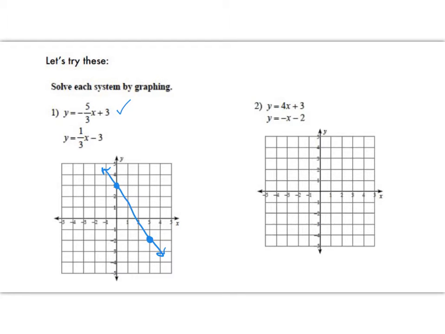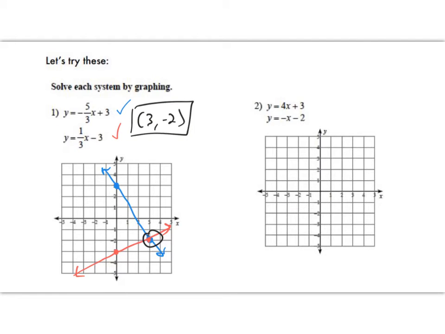And then I can do the same thing except graph this one in red. And slope of 1/3 leads me, oh hey, that was pretty easy. Okay. And now that I know where the solution is right here, I could just simply pluck the coordinates of that point as 3, -2, and there's my solution.